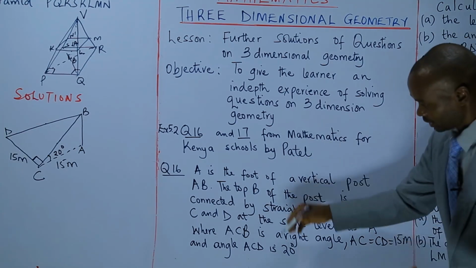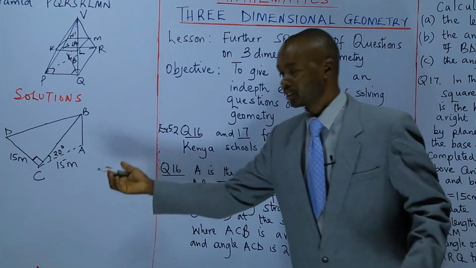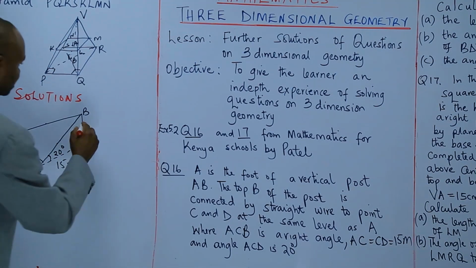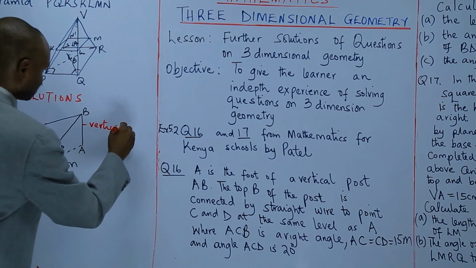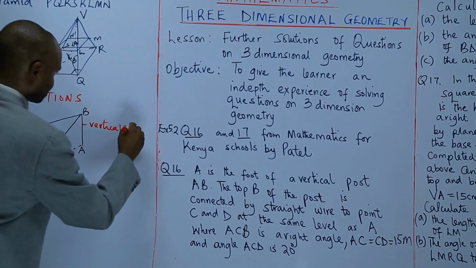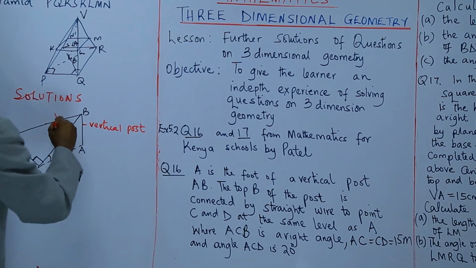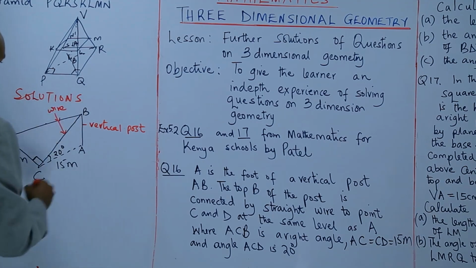So I have absorbed all that is in the question and put it into a sketch, where this is the vertical post, and these two are my taut wires.